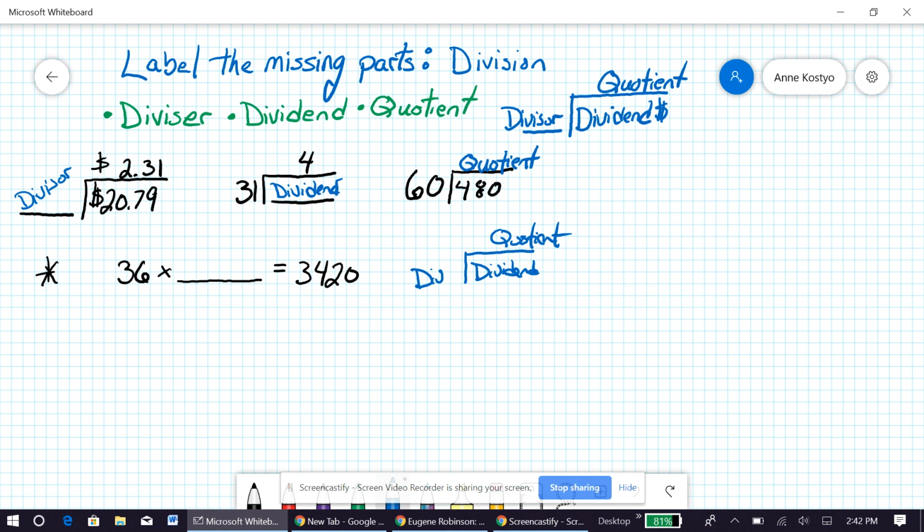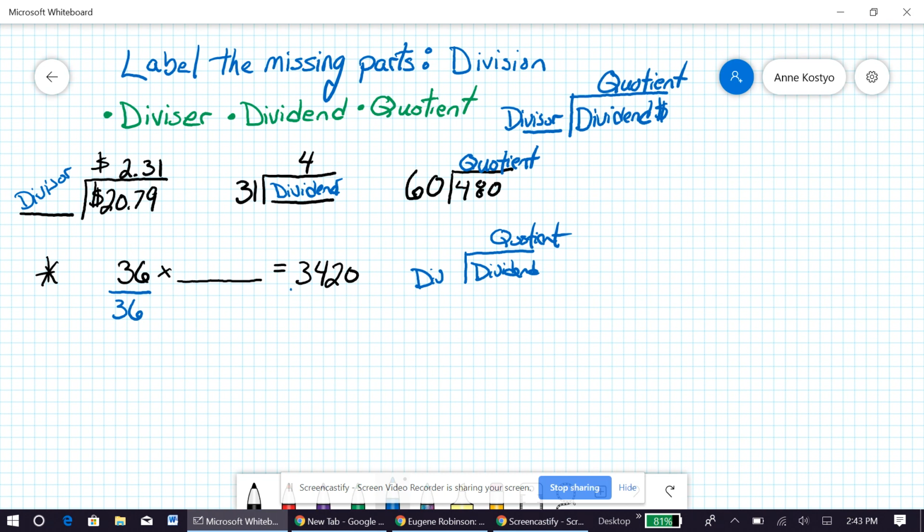So we have to do a little bit of manipulation, and we have to understand what is going on here. Well, we know that we're going to have 36 times something will give us 3,420. So we are going to take this 36 and do the opposite. Since our operation is multiplication, we are going to divide this side by 36.